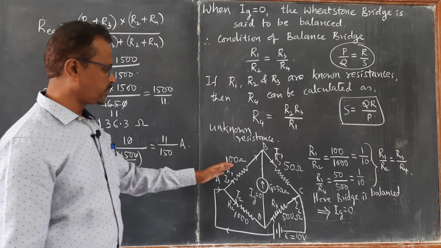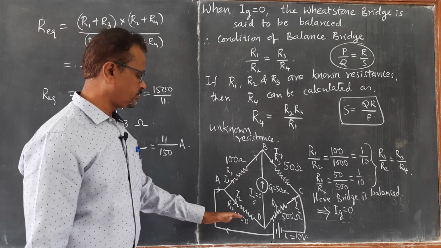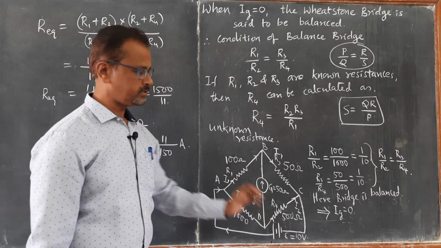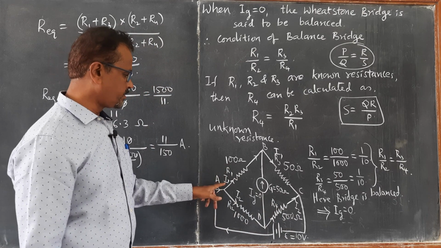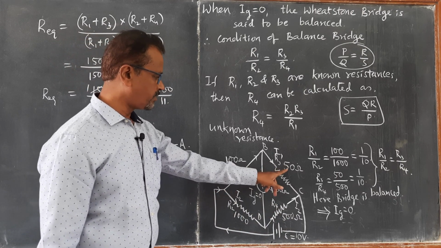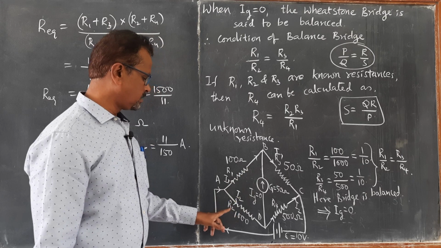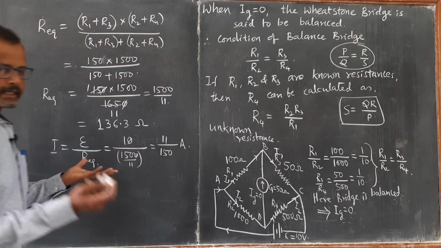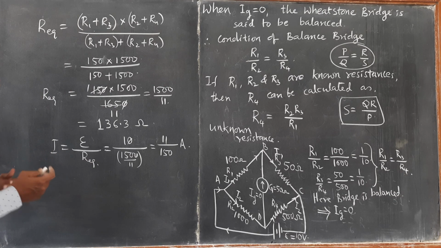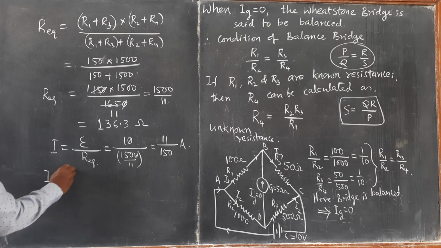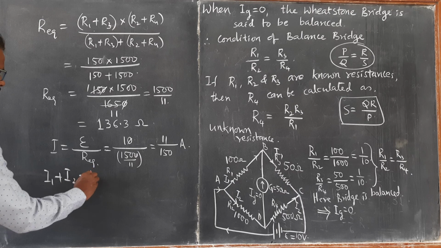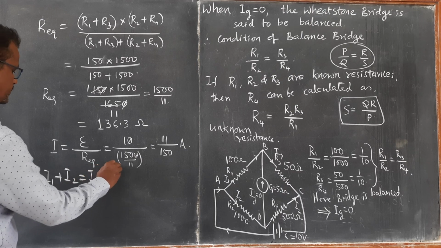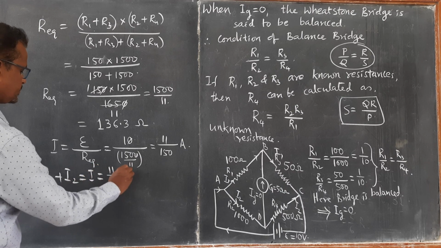So according to the ratio, the values of the currents can also be calculated. I1 into 150 is equal to I2 into 1500. You can calculate I1 and I2. We know I1 plus I2 equal to I, which is 11 by 150.